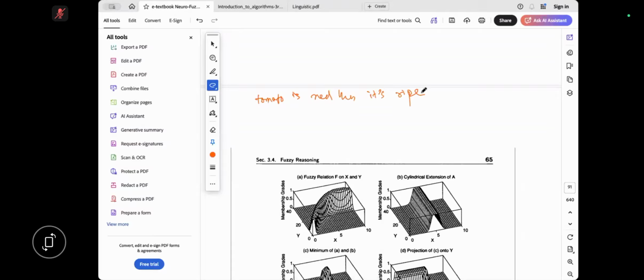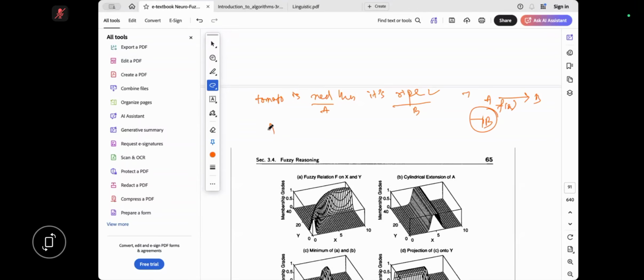That means the rule is given for red, but we are looking at the negation of it. If red is set A, ripe is set B, we know A, and we can map to B by the formula f of x. But what we require is the negation of B. So we need to figure out how to get the negation of B. This is the target.